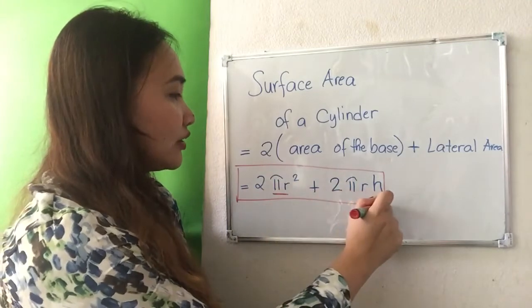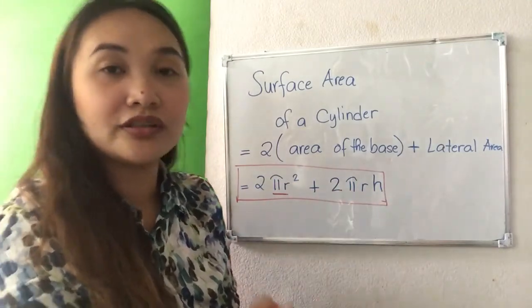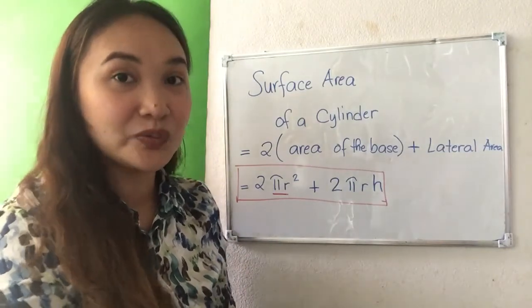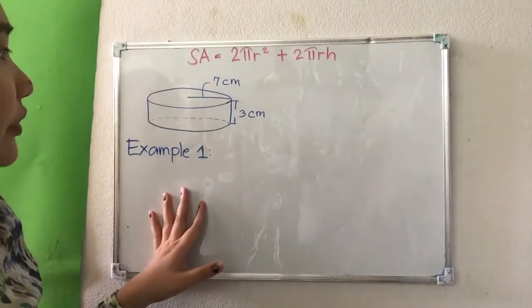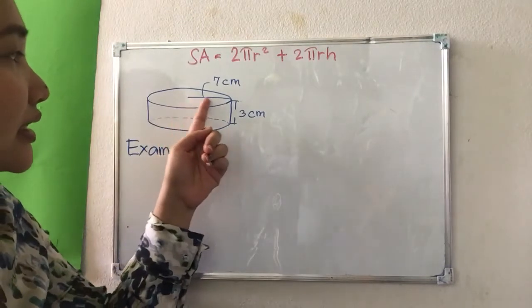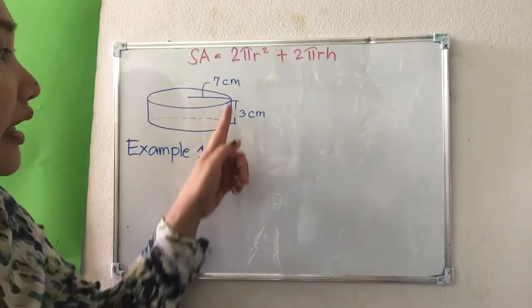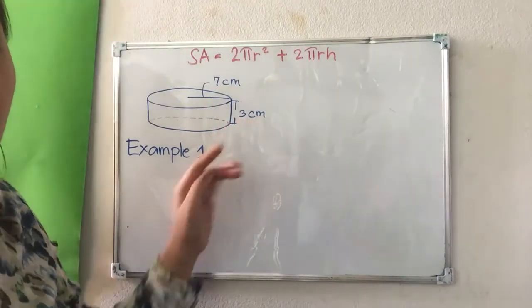We studied this before, and I hope you still remember that. Let's continue with more examples. Example 1: we have here a cylinder where the radius is 7 centimeters and the height is 3 centimeters.